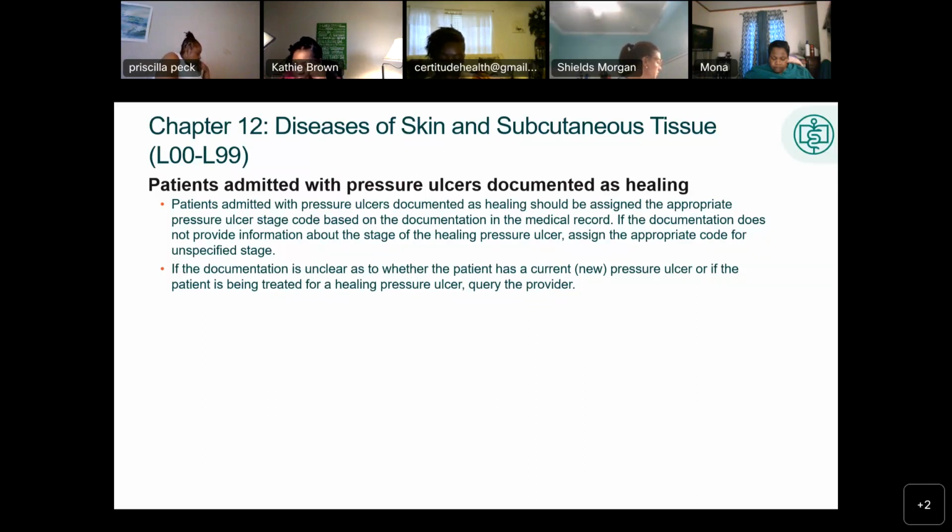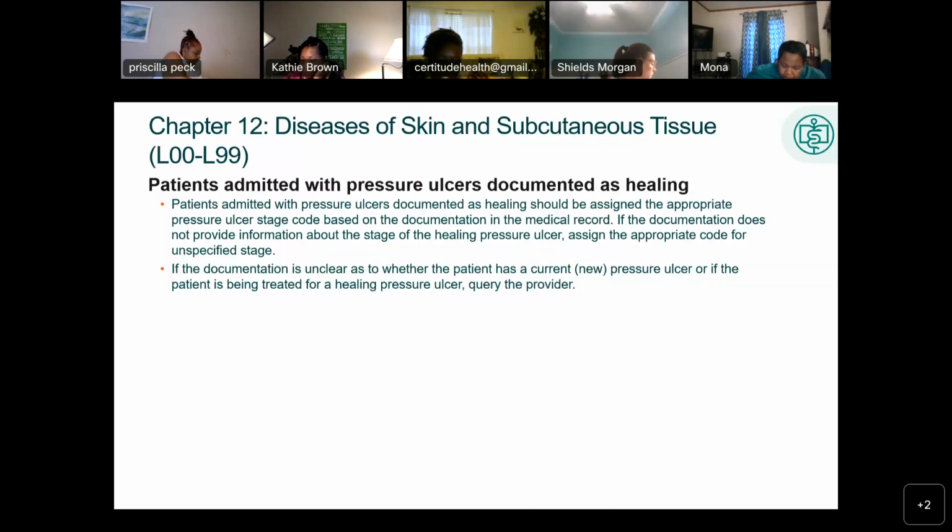Now, on the flip side of that, in guideline 5, if the patient's pressure ulcer is documented as healing, ulcers described as healing should be assigned the appropriate pressure ulcer stage code based on the documentation in the medical record.